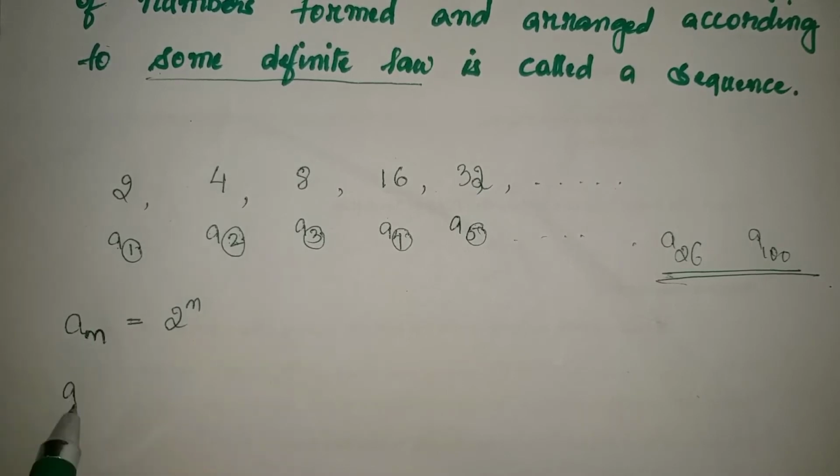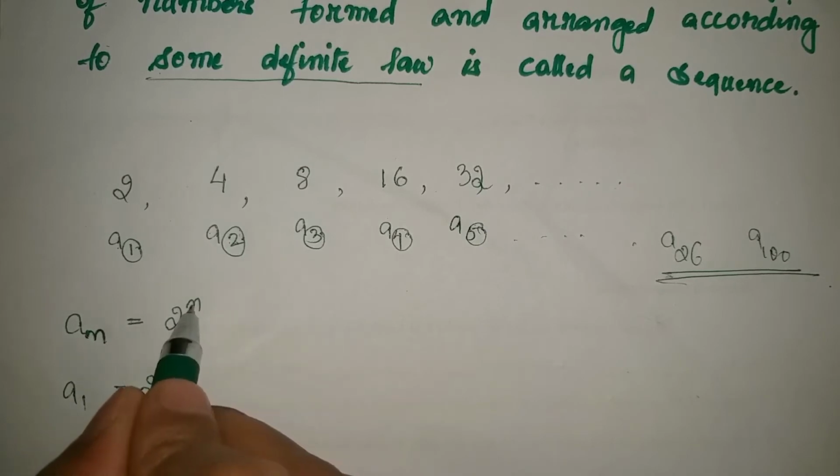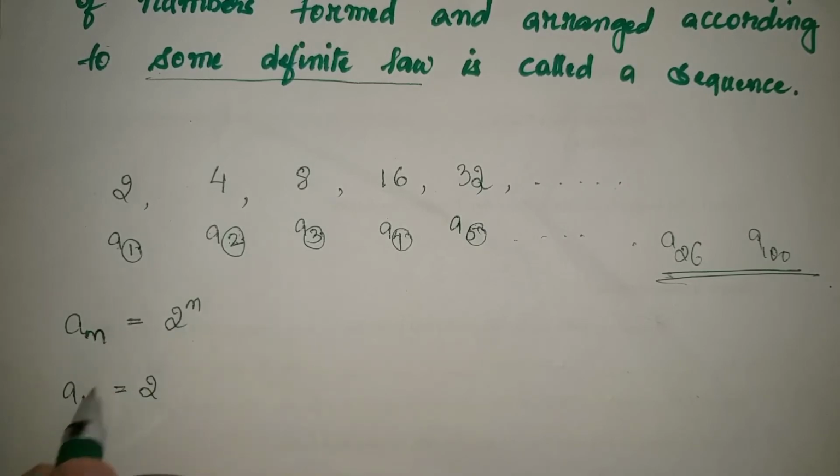Instead of n, let me replace it by 1. It means the first term, that is a1, is equal to 2 to the power n. For the first term, n is equal to 1. So I'm getting 2 to the power 1, which is 2.